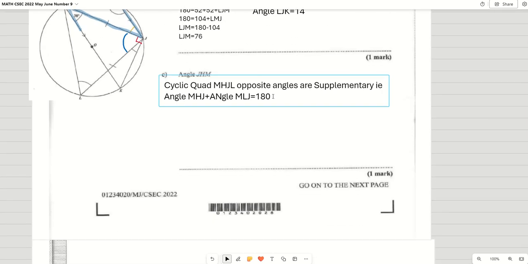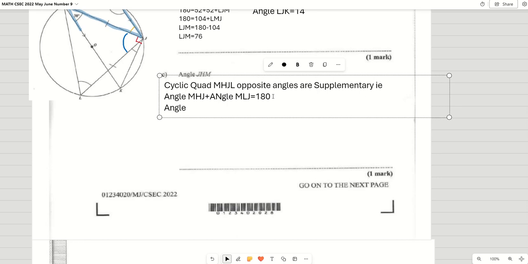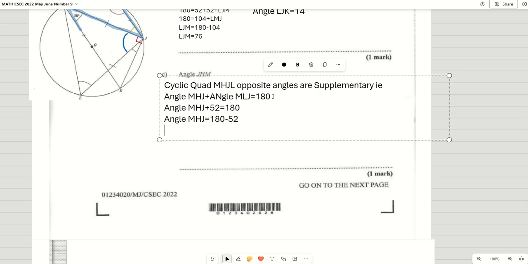Alright, so we'll just put in these values. This is angle MHJ plus 52 is equal to 180. So we know that angle MHJ would be equal to 180 minus 52.